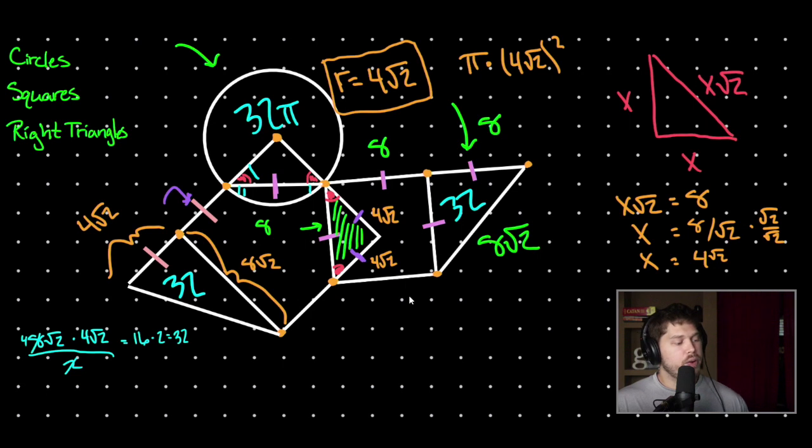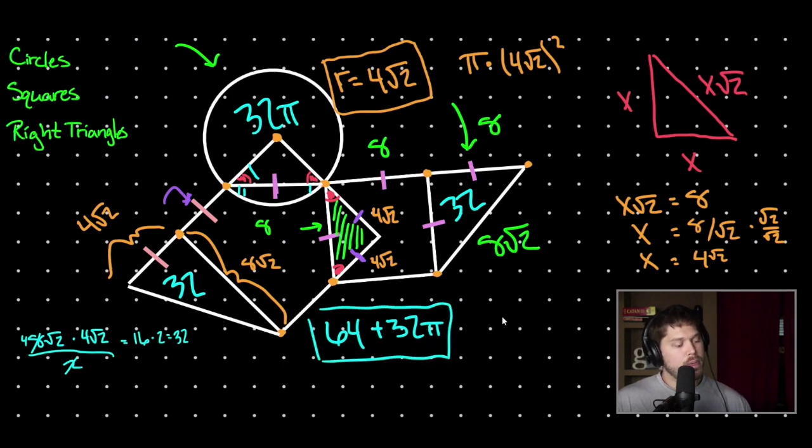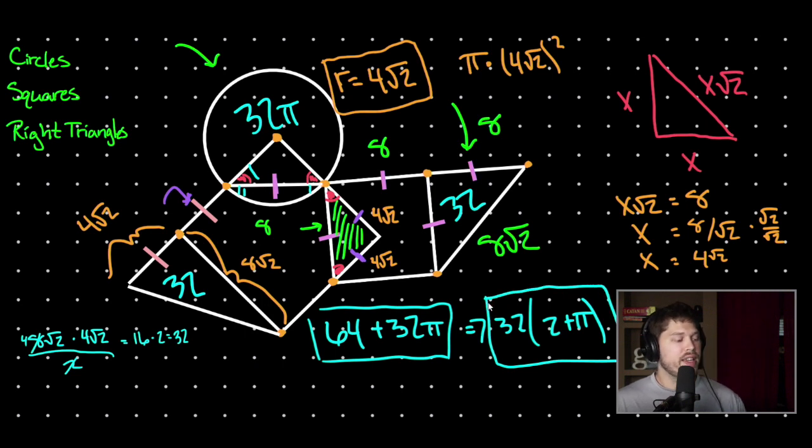So the area of my full shaded regions is going to be 32 plus 32 is 64 plus 32 pi. You could, of course, put this into a calculator, or you could factor out a 32 and have 32 times 2 plus pi. Either way is great, and either way is the area of the shaded region.